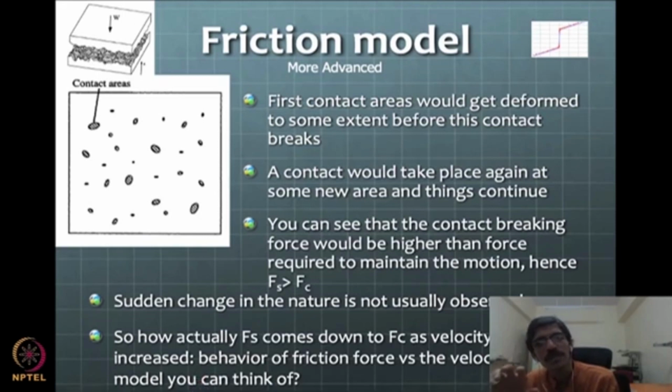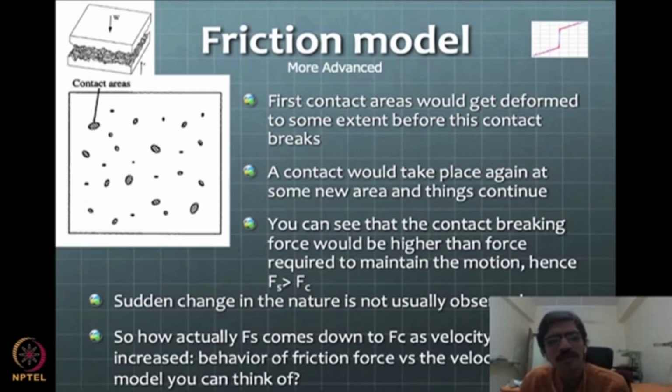That's why that force will be a little lesser than the initial contact breaking force. Slowly, as the velocity increases, you will find this force come gradually down. So this Fs is coming down to Fc in a gradual manner.